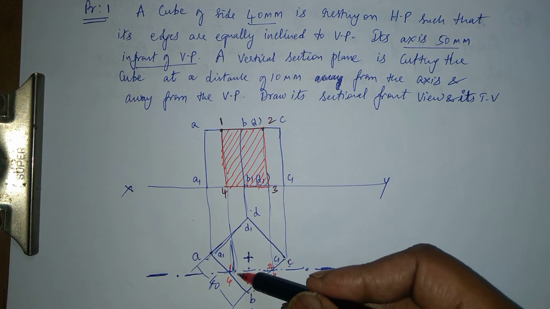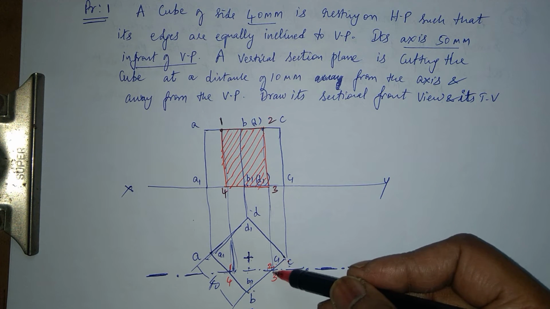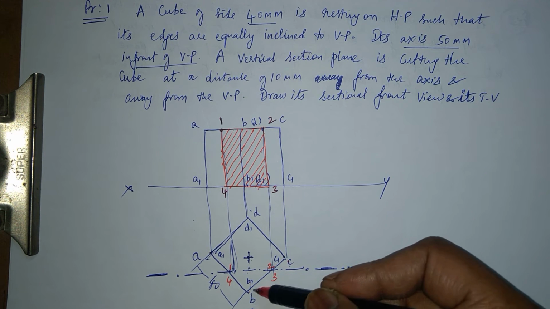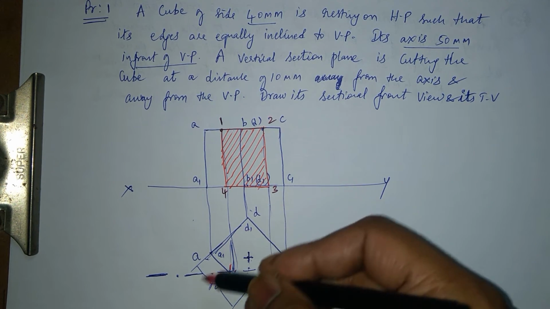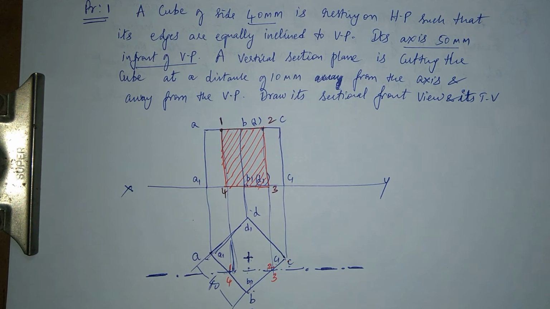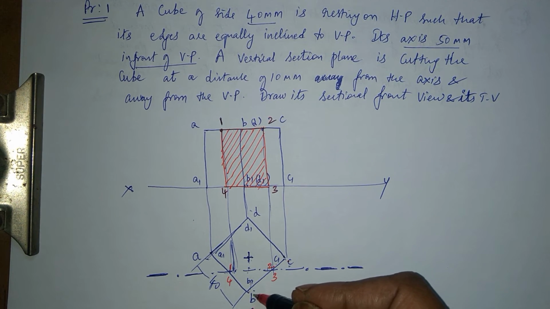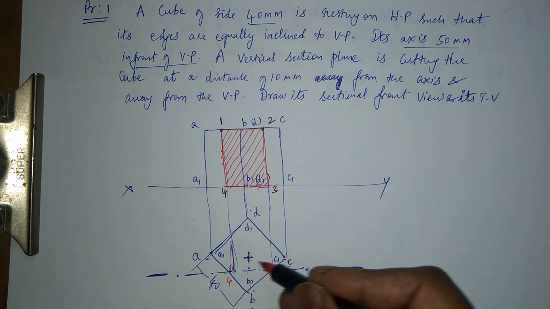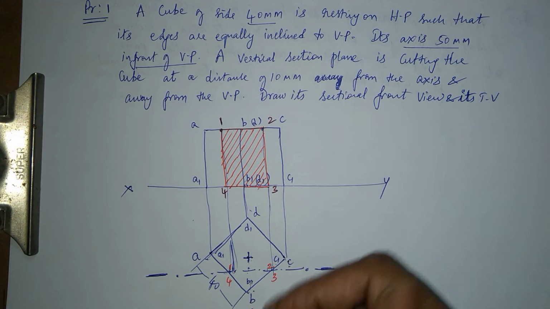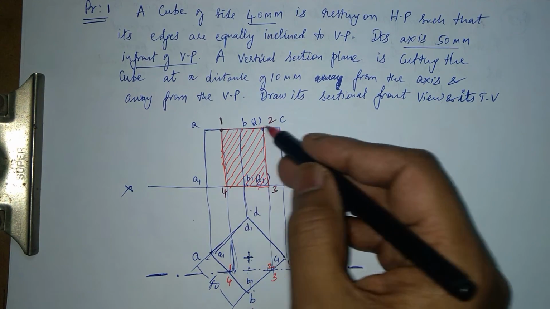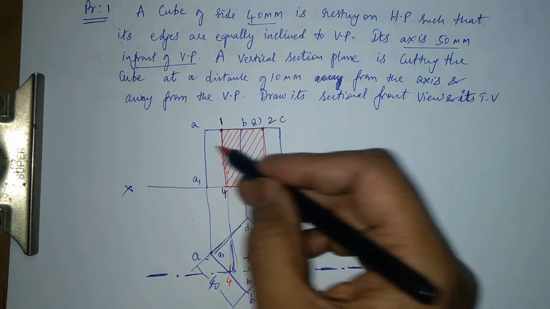So from 1 to B, B to 2, 2 to 3, 3 to B1, B1 to 4, this chunk is removed. The observer is seeing from here, and this part is removed. Whatever remaining part I see is the section part in the front view.